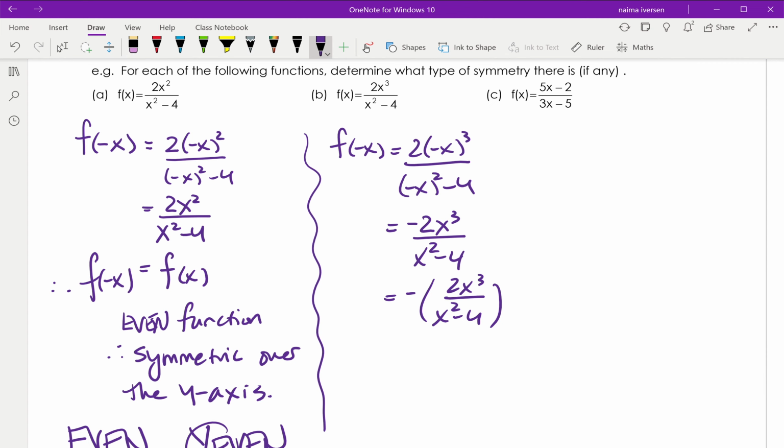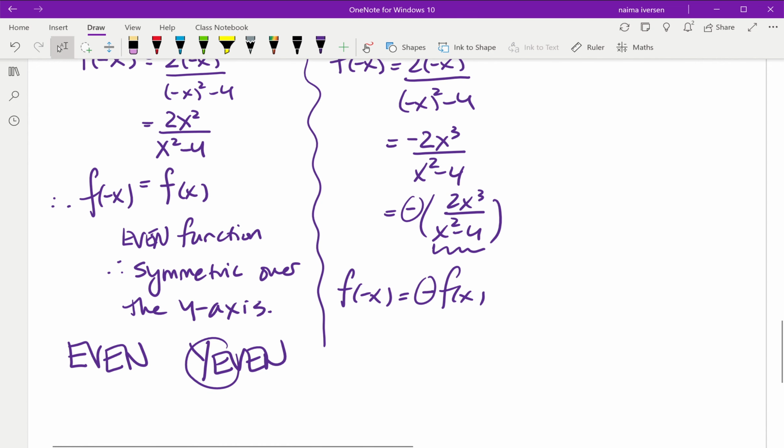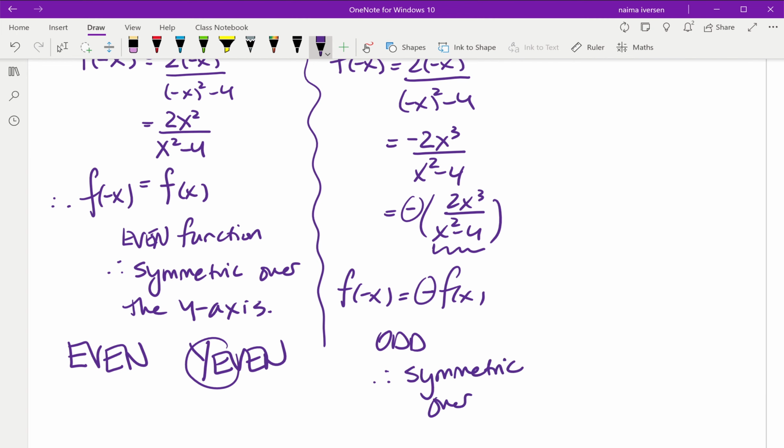And notice that the stuff on the inside of the brackets is my original equation up here. So we've just shown that f of negative x is equal to negative, this is the negative on the outside, f of x, which tells me that this is an odd function, which means that it's symmetric over the origin. That one was easier for me to remember because odd and origin start with the same letter.